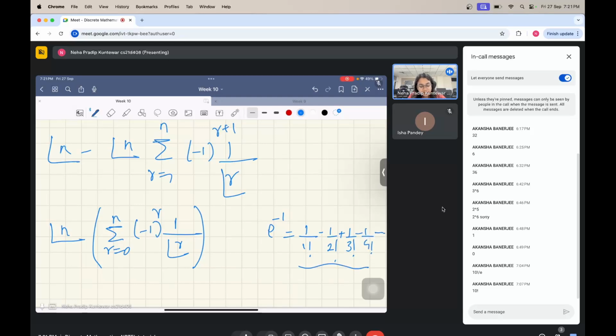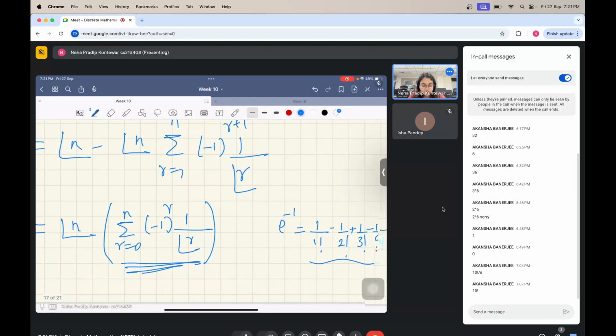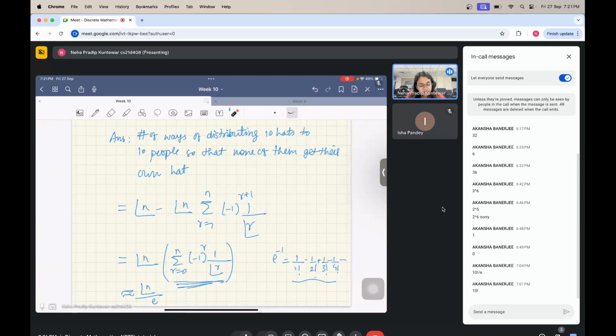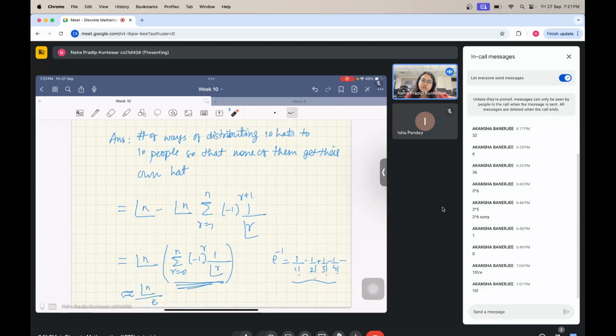And this is exactly what we have over here. So I can replace this with n factorial over e, and this is not an exact count, this is an approximate count, because here you are cutting off the alternate addition subtraction at n, but here I'm going to infinity, so I'm getting something that is approximately this. But in general, this is what you would get.